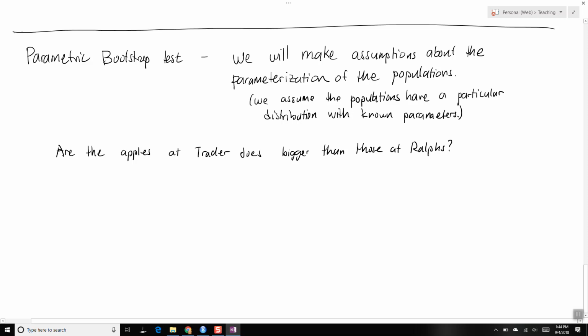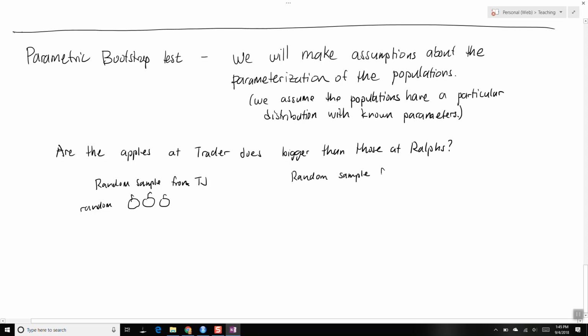All right, so anyway, you do your research, right? Somehow you get a random sample from Trader Joe's. Here's apples, and these are random. I don't know how you get a random sample from Trader Joe's, but you do. And then you get a random sample from Ralph's. This is like the biggest downfall of all hypothesis tests: here's a random sample, which I don't even know how that's possible.